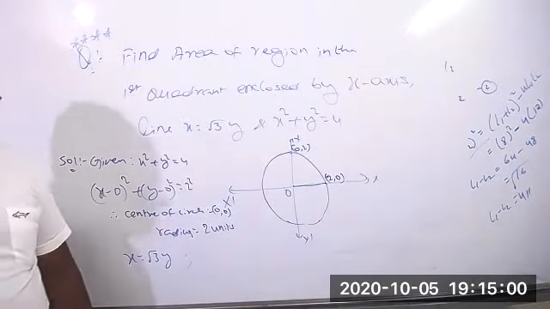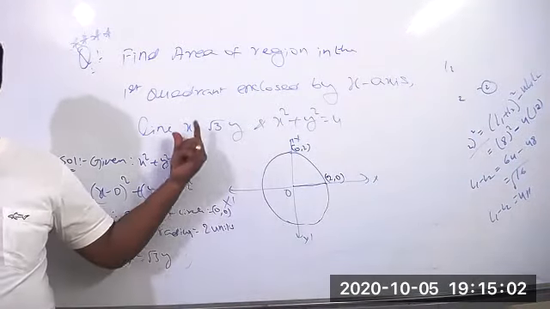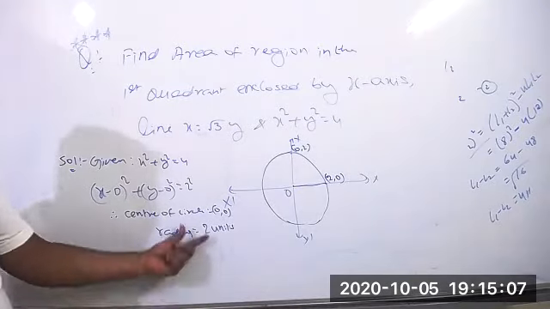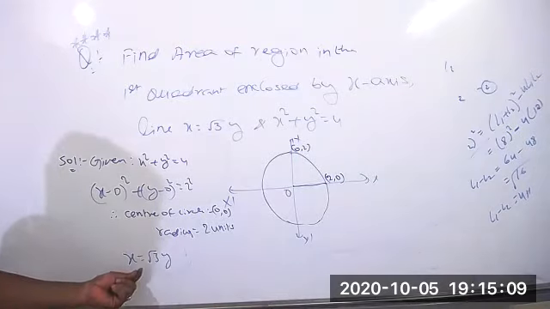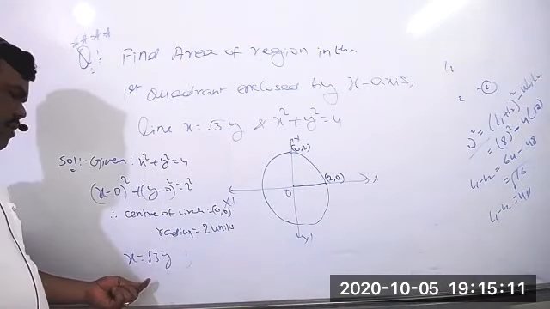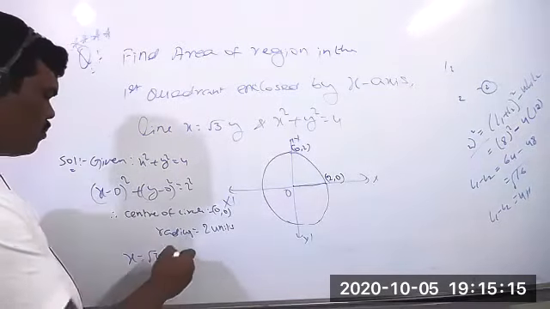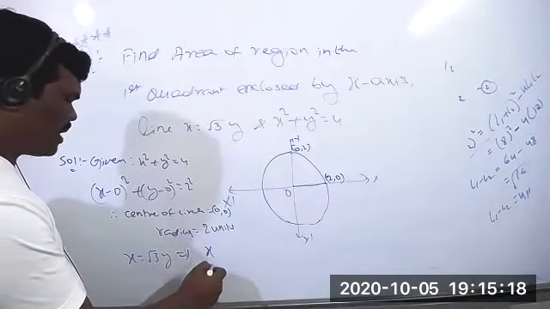What do we have to find now? We have to draw the line here, so compulsorily we first have to find the coordinate points. But how to find the coordinate points? You know very well that they gave x equal to root 3y, or y equal to x by root 3.